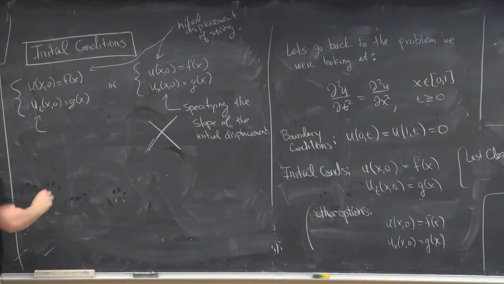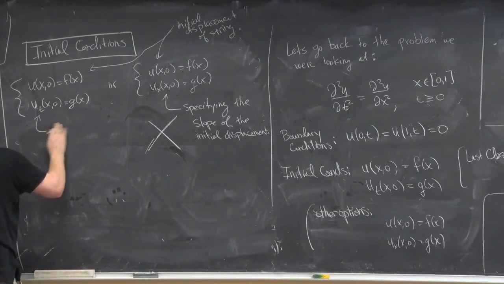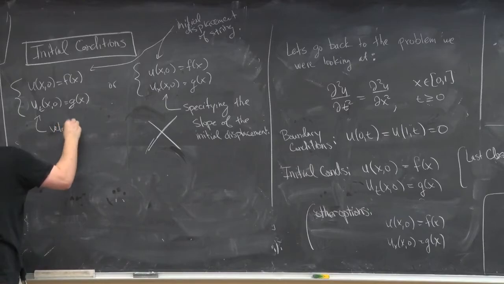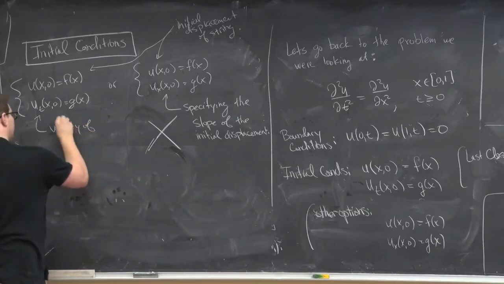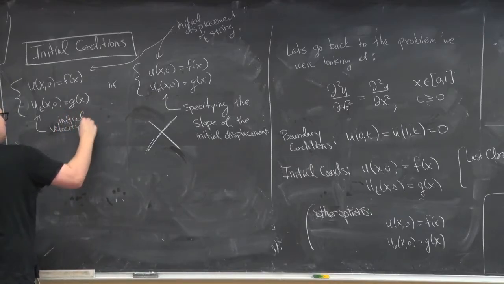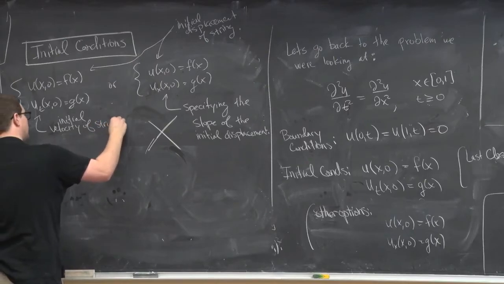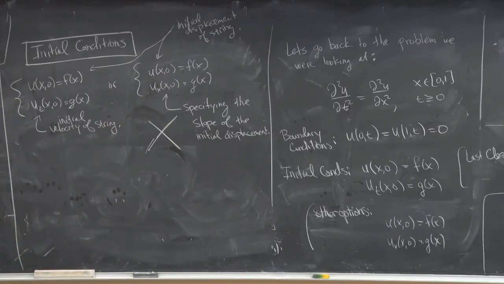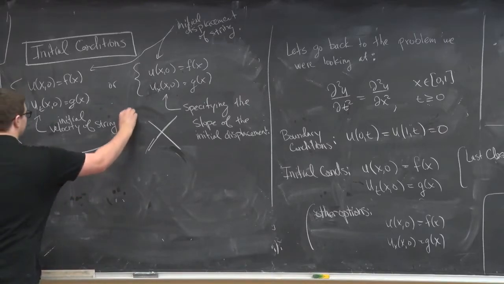And then this one here is the initial velocity of the string at a point x. So it's like how much you're strumming it, I guess. This is the type of thing. This is the one we want.